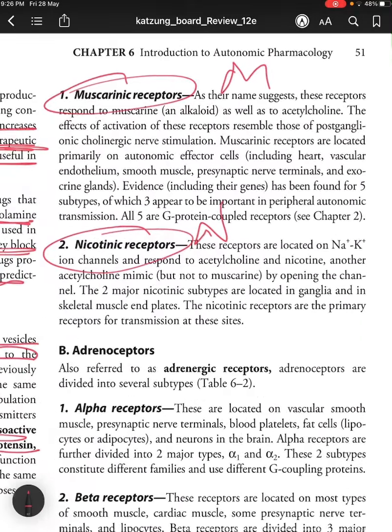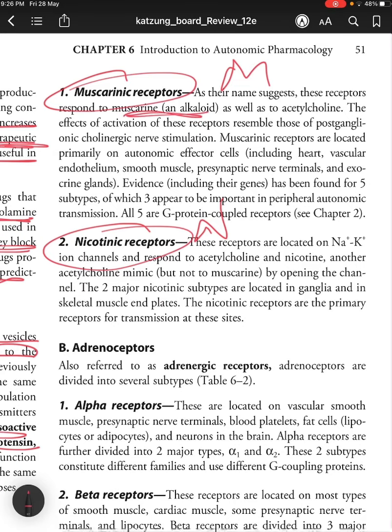As the name suggests, these receptors respond to muscarine, an alkaloid, as well as to acetylcholine. The effects of activation of these receptors resemble those of postganglionic cholinergic nerve stimulation. Muscarinic receptors are located primarily on autonomic effector cells, including heart, vascular endothelium, smooth muscle, presynaptic nerve terminals, and exocrine glands. And all 5 are G protein coupled receptors.